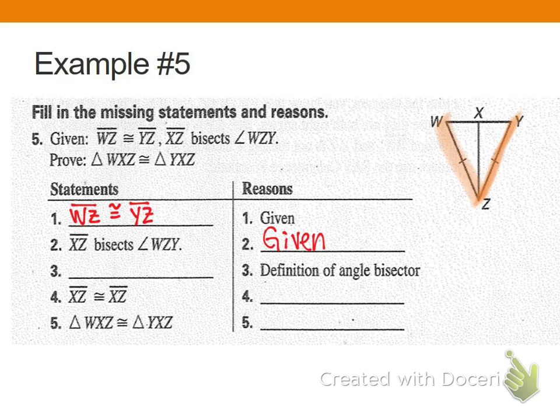Nope. What is it, Sam? Nope. How do we name angles? How many letters are we allowed to use? 1 or 3. If we only use 2 letters, what are we naming?